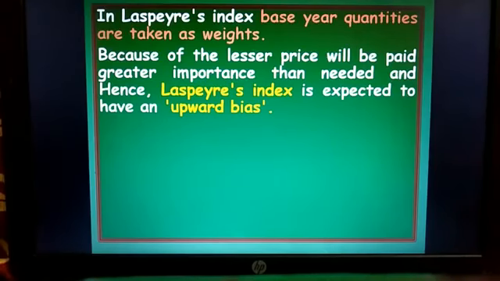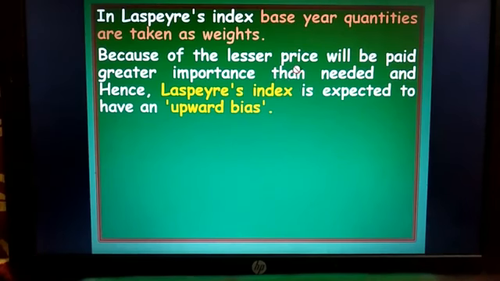So once the price is less, the importance in terms of quantities, in terms of buying, will be greater than what is needed. We may not need that much onion, but we purchase it because it is available at a lesser price. With the help of that example, we can understand this concept.